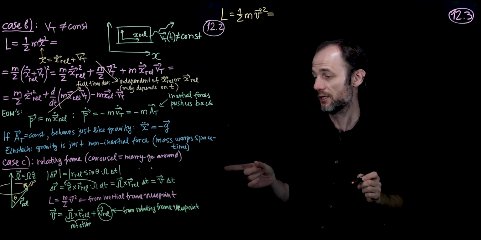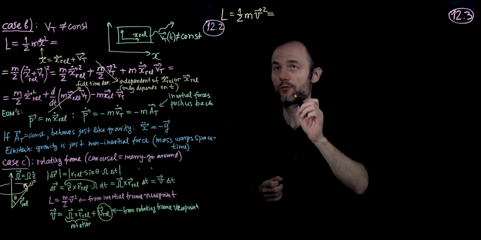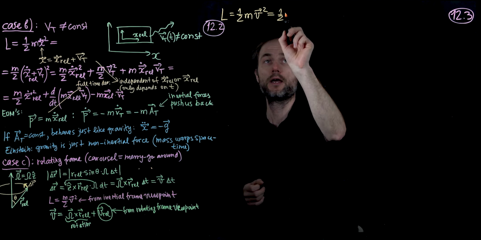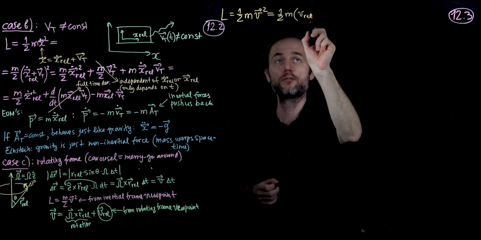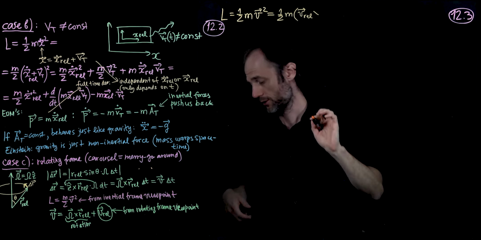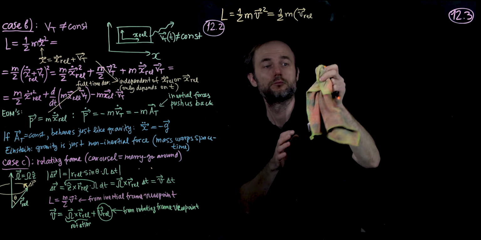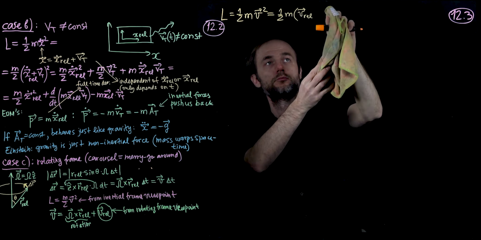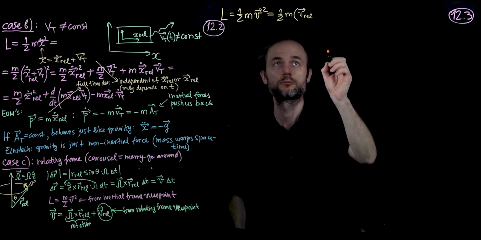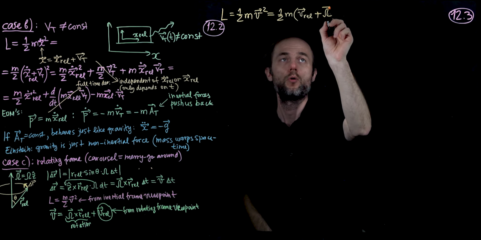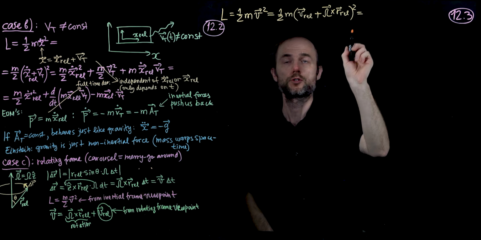Now, having obtained the relationship between v and v_rel, we can therefore write that this is equal to 1/2 m times (v_rel plus omega cross r_rel) all squared.